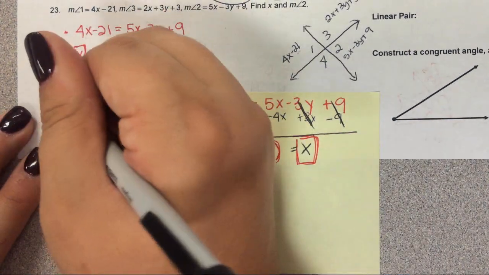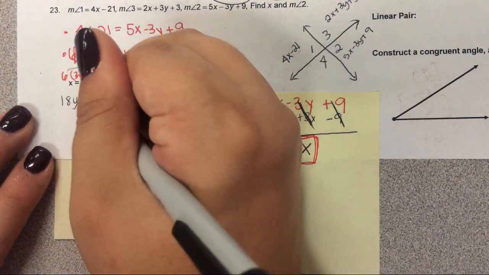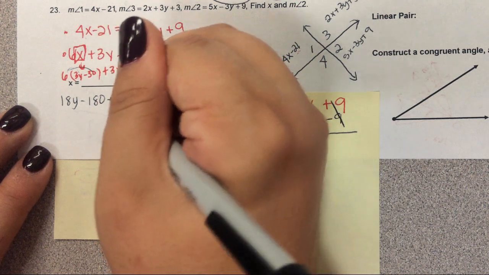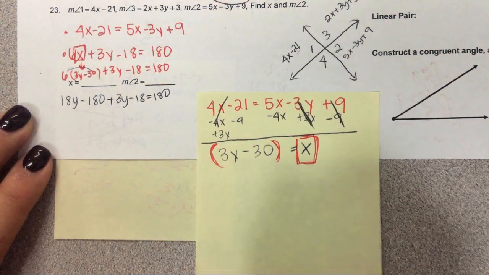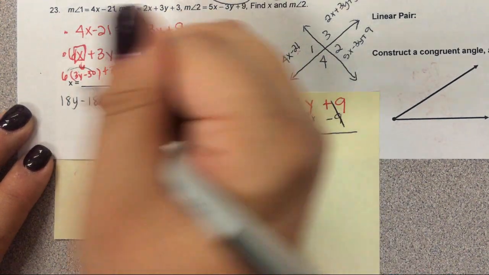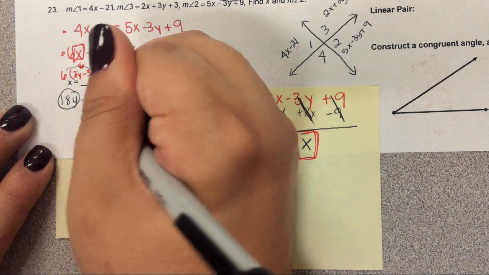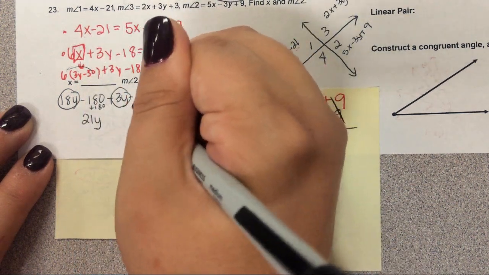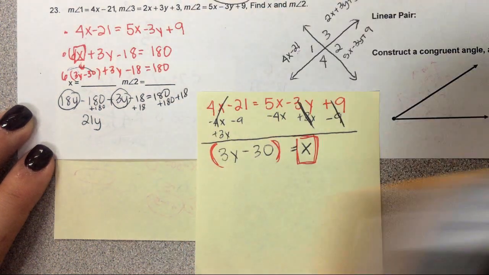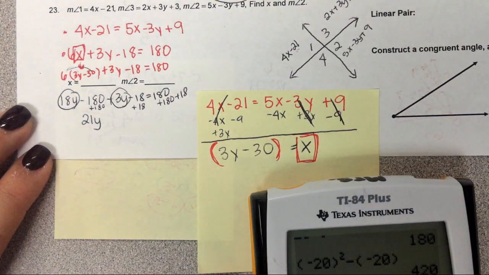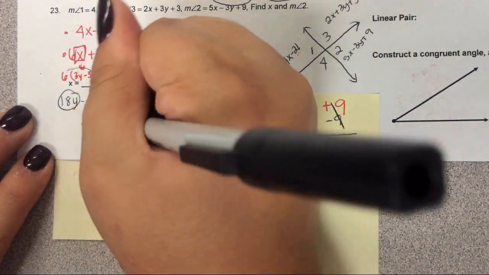So then I'm going to distribute 18y, what's that, minus 180? Plus 3y minus 18 equals 180. I'm going to combine these, so I get 21y, and then I'm going to add 18 and 180 to the other side. So that should give me 180 plus 180 plus 18, gives me 378.